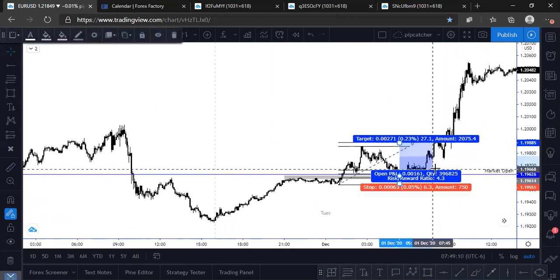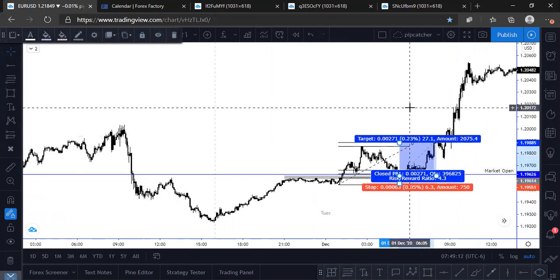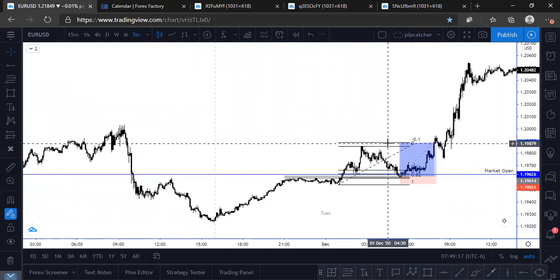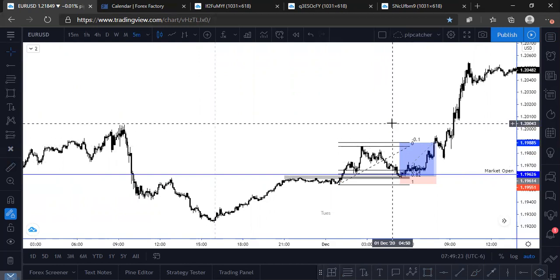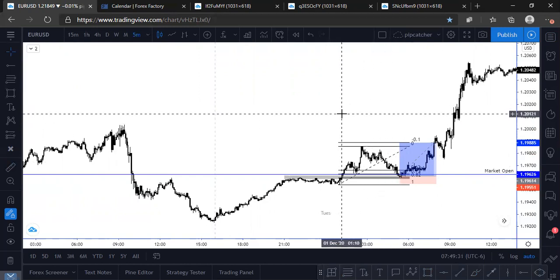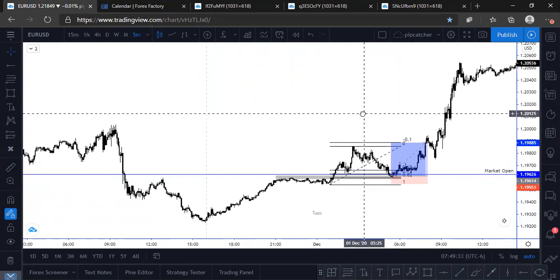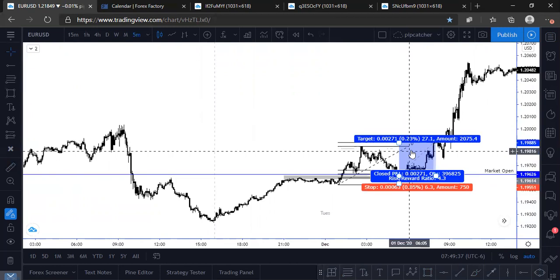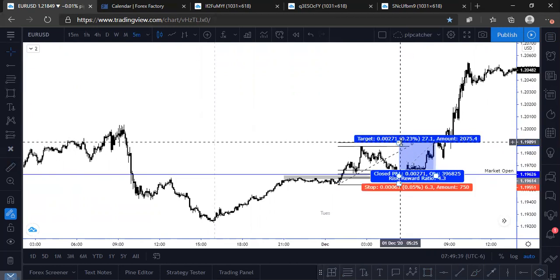So right off the bat, we would have had a 4-to-1 trade setup. A 4-to-1, right? I don't know about you, but anything higher than a 2-to-1 is good for me. So a 3-to-1, 4-to-1, 5-to-1, you have potential to make very good profit in these markets.